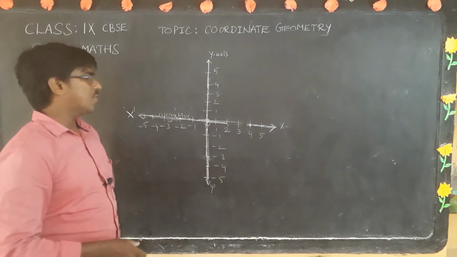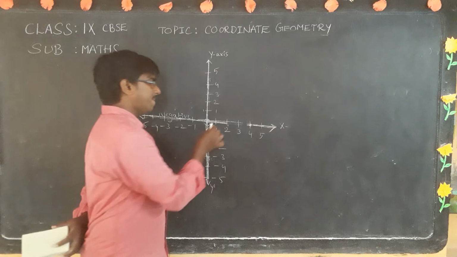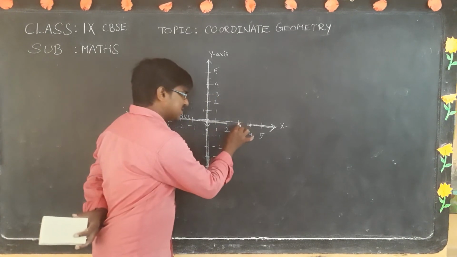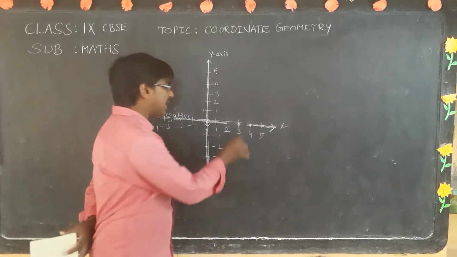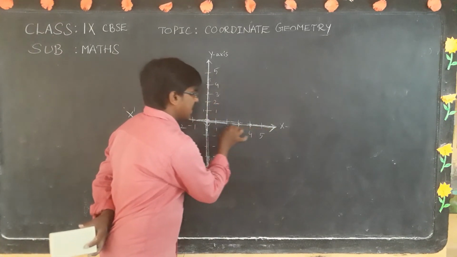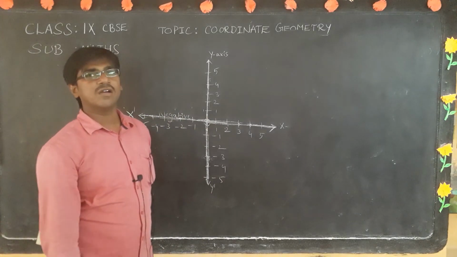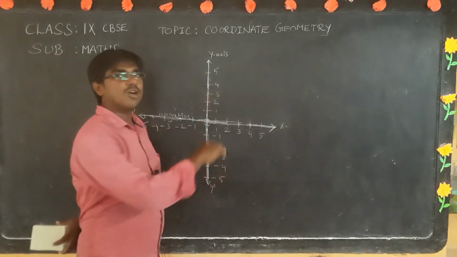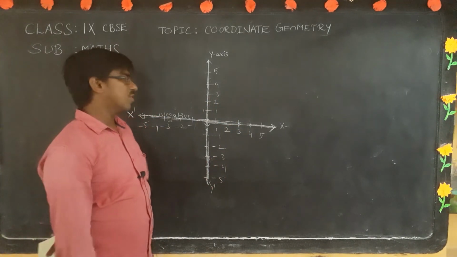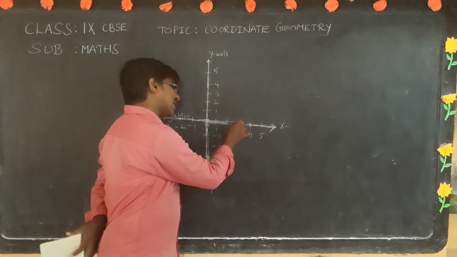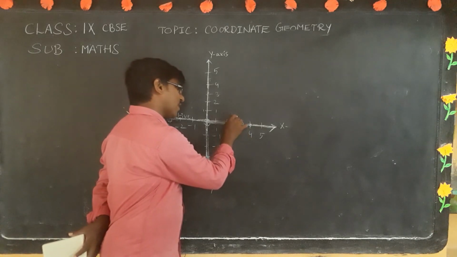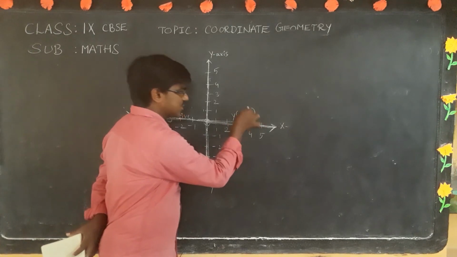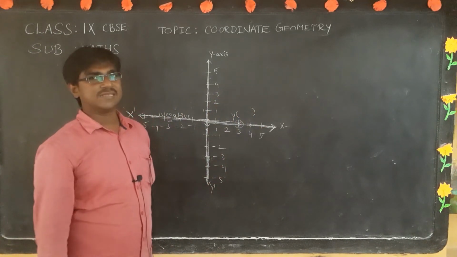Next, what are the coordinates of a point? If you take this, this is a point lying on which axis? X axis. So how can we describe its coordinates? Let this point be Y. Then what are the coordinates of this point which is lying on the x axis?